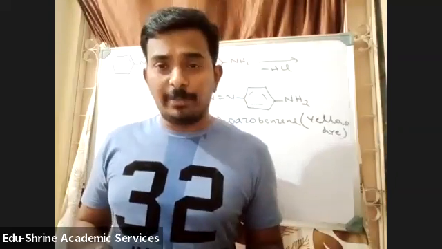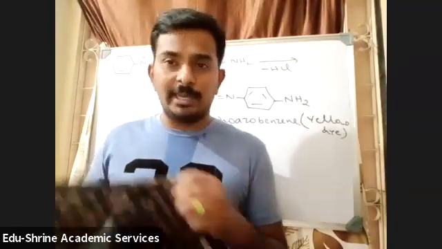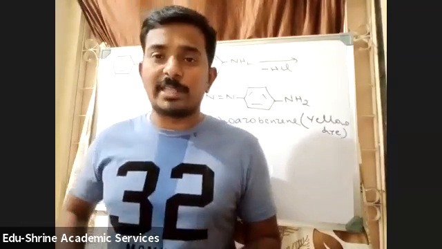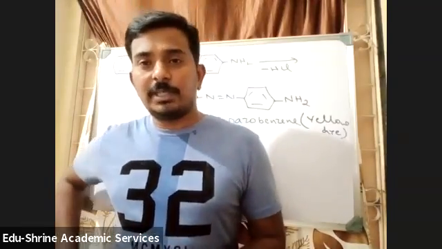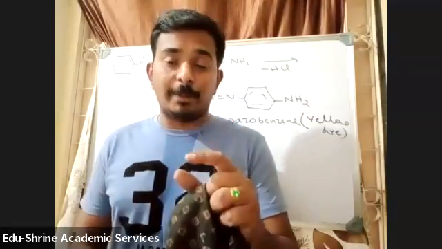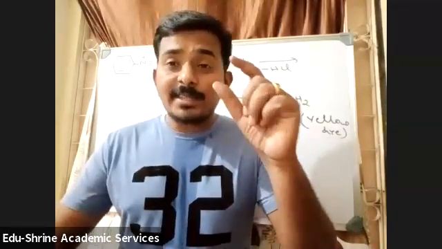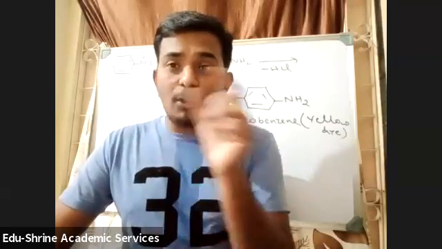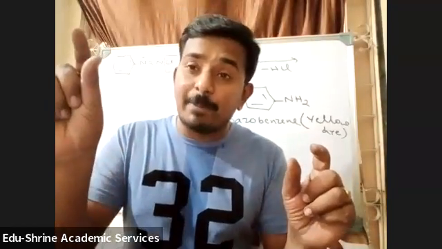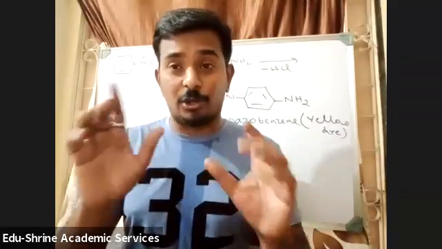Oh, you want model question papers for the board exam? Okay, I'll share it in the group. See students, in the model question paper, just observe the question numbers. The first and second questions will be from solutions. In the final exam paper also, the questions will be from solutions only.